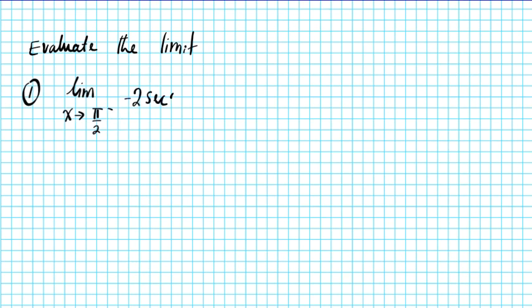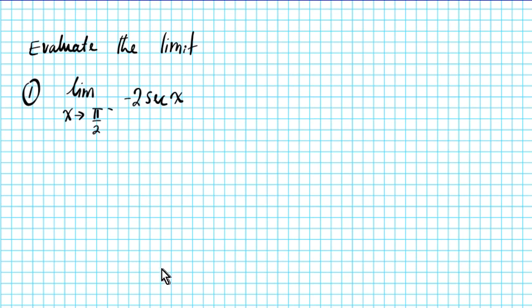The task is to evaluate the limit. So let's say we want to find the limit as x approaches pi over 2 from the left of negative 2 secant x.